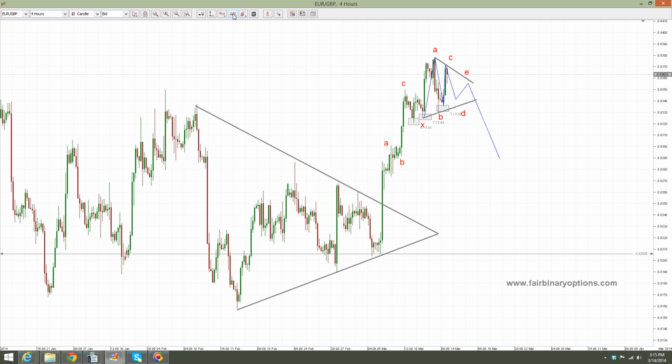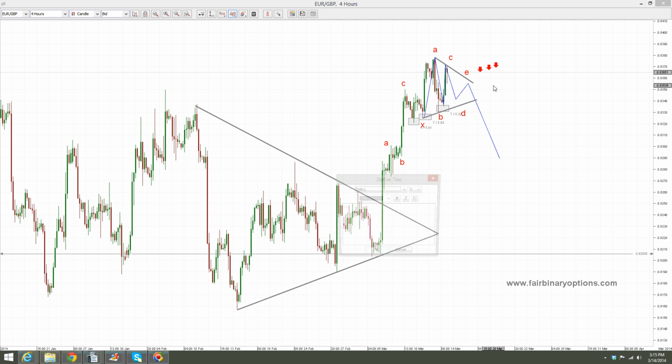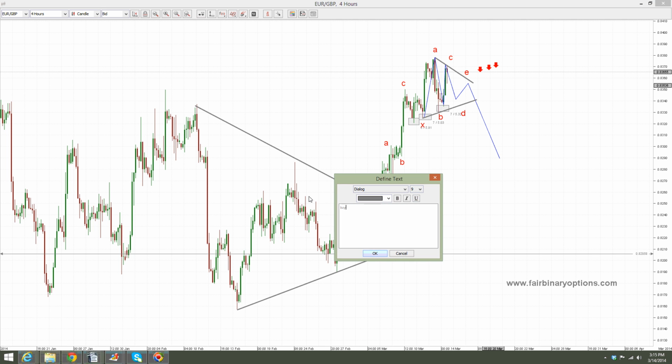And let's just go and say that we are buying put options with end of day expiration date for this Euro Great Britain pound.